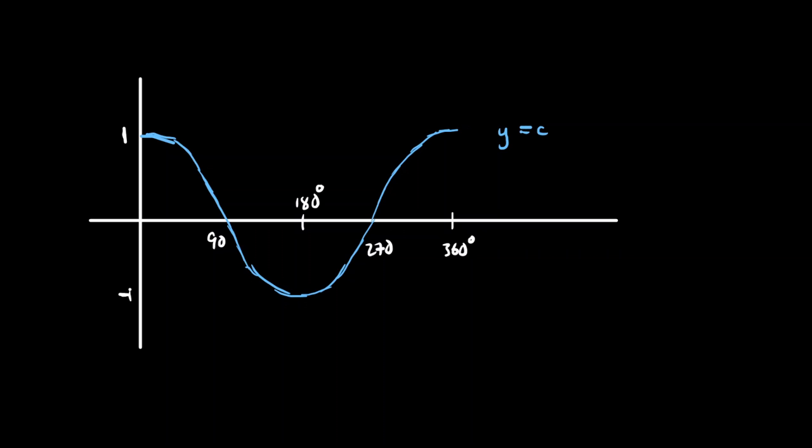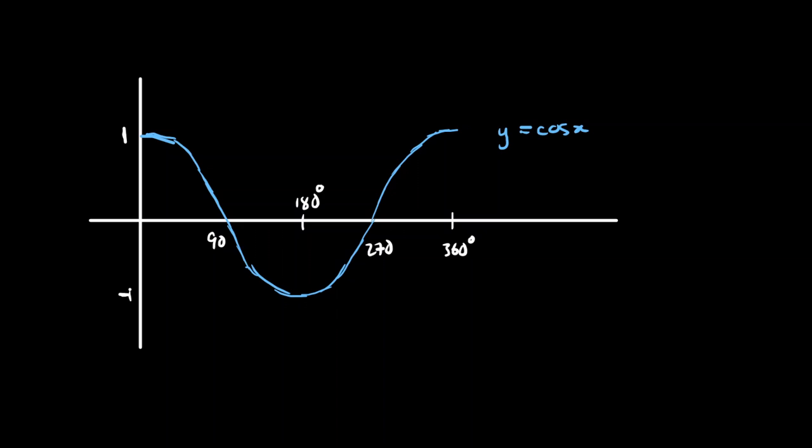Sorry about this, I'm not so good at drawing like this with the tablet. Okay, like that. And you should hopefully know that one wave is 360 degrees. And so that'll be 180, that'll be 90, and that'll be 270 there. And that's 1 and minus 1. So this is the graph of y is equal to cos x.